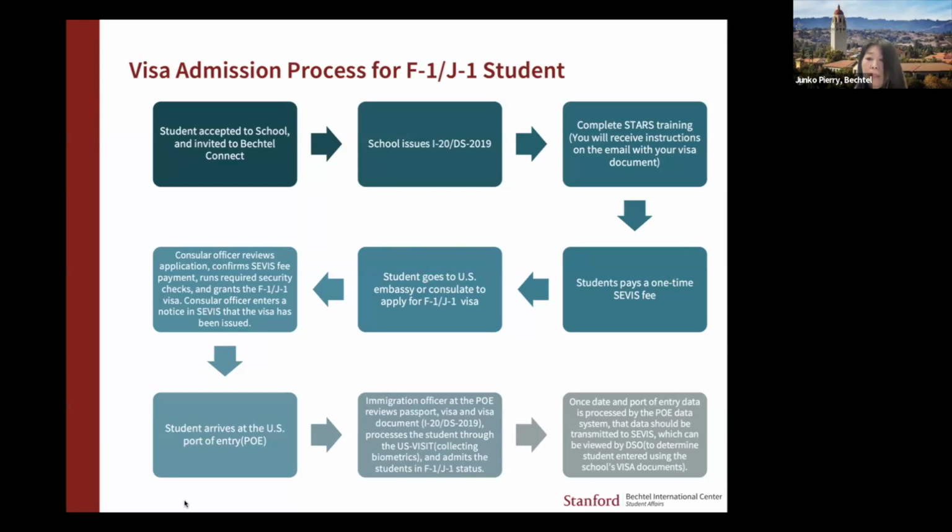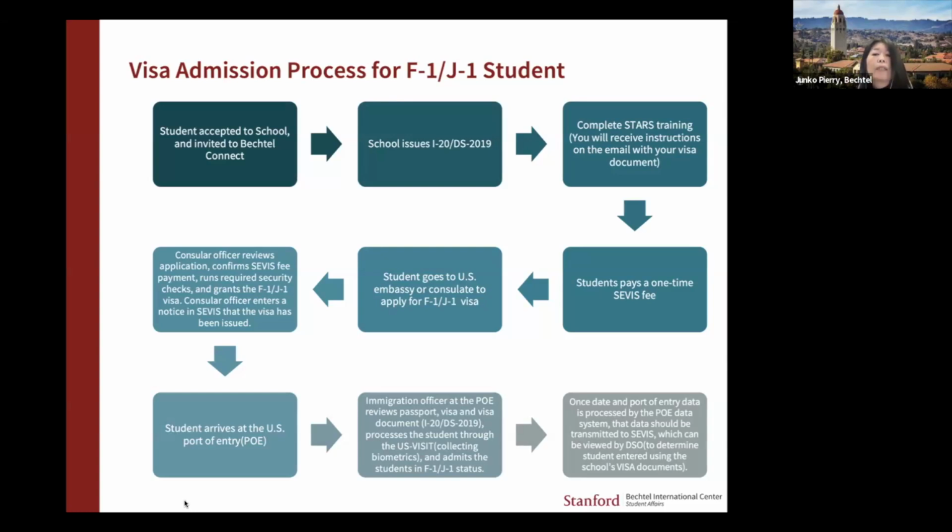Once you have the visa documents, you'll be required to pay a one-time SEVIS fee. The SEVIS fee is different from the visa application fee, but everyone has to pay the SEVIS fee. For F1 students, it's currently $350. For J1 students, it is $220. And you do need to pay this fee before your visa interview.